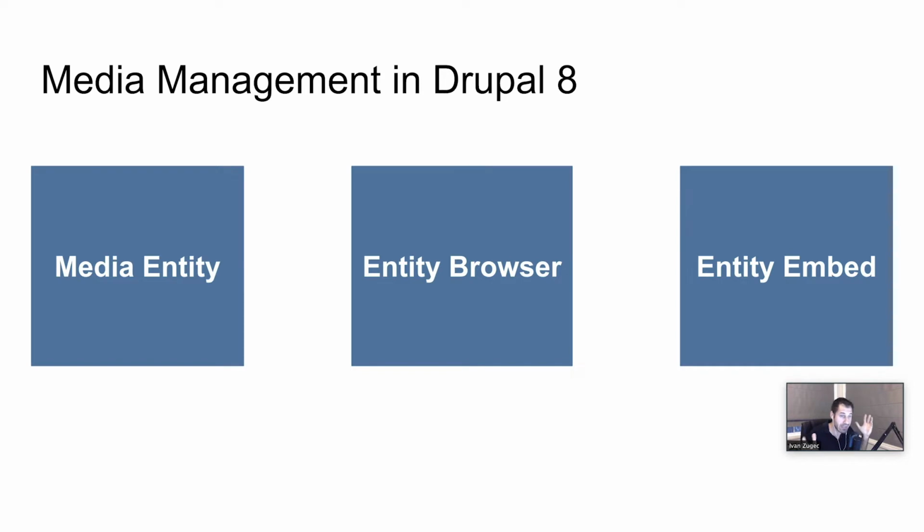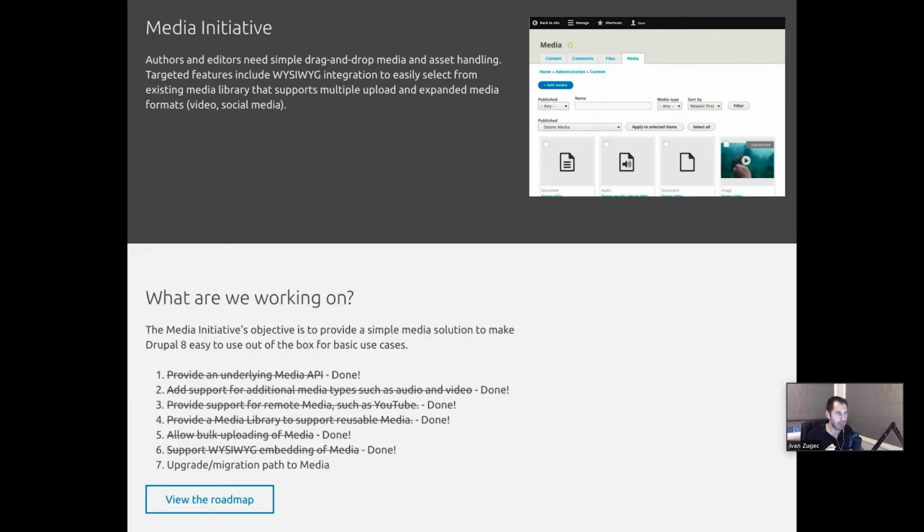You can search for media entity, you can download it, you can install it. But the configuration of these modules can be a little annoying because there's a lot to configure. Okay, there is a lot to configure. So then came the media initiative. And Drupal 8 has a lot of these initiatives where they want to move functionality from the contrib ecosystem into Drupal core, because Drupal 8 needs this media functionality in core.